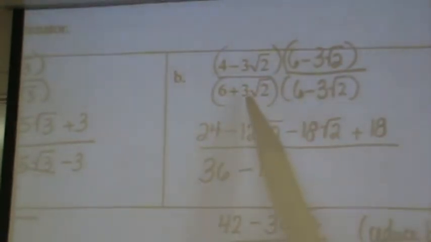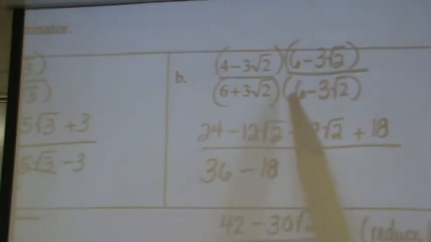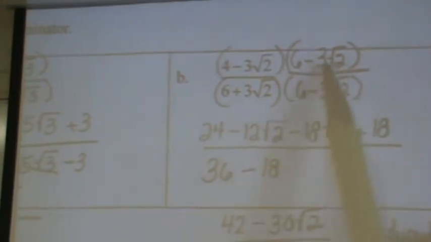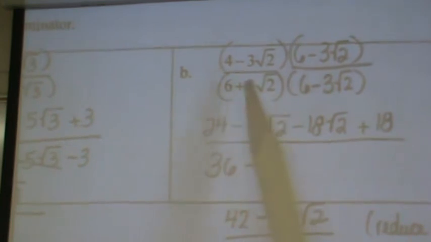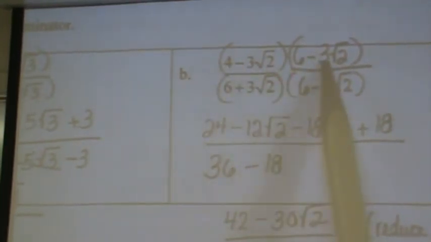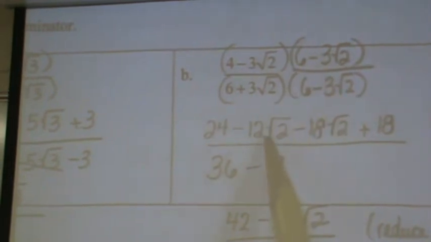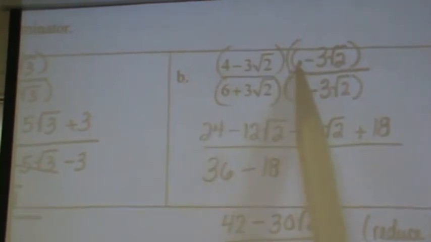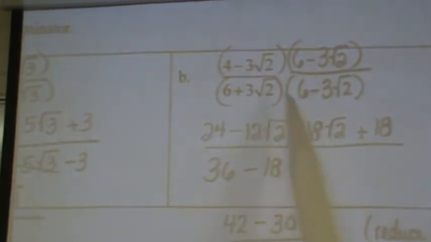B, a little bit more challenging. The number that you're going to multiply, the conjugate, would be 6 minus 3 root 2. You're going to FOIL, 6 times 4 is 24. 4 times negative 3 root 2 is negative 12 root 2, and then minus 18 root 2. And then this times this, you have 3 root 2 times 3 root 2.